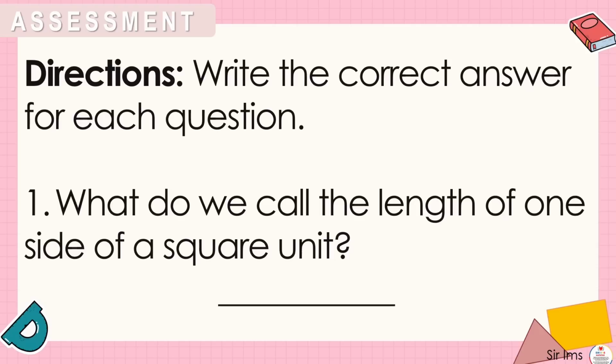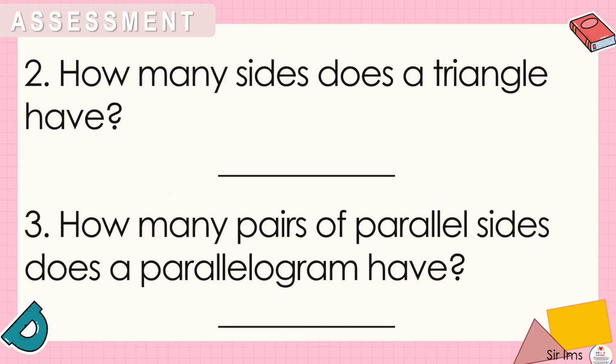So next we have another assessment activity. Write the correct answer for each question. Number 1, what do we call the length of one side of a square unit? Number 2, how many sides does a triangle have?